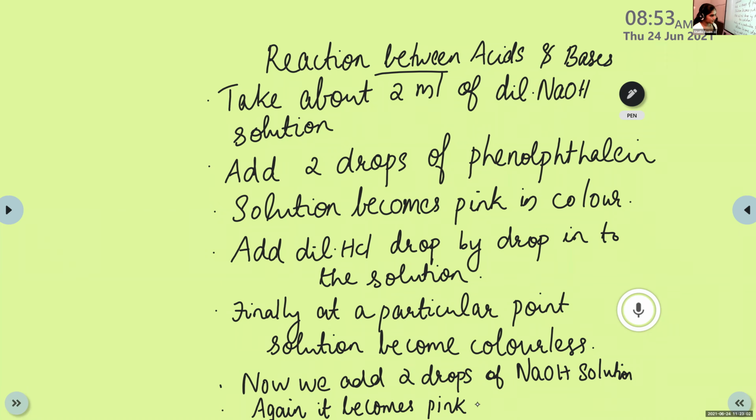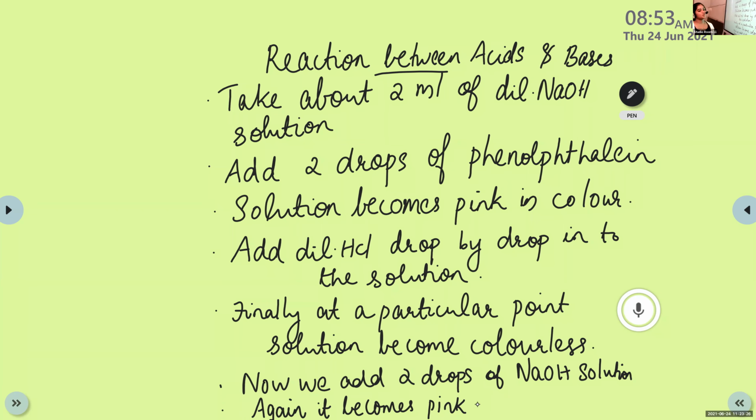Is this clear? Yes, ma'am. Okay, I will repeat it once again. It's a reaction between acids and bases. To study this reaction, we do one activity. We take about 2 milliliter of dilute NaOH solution in a test tube. This dilute NaOH solution is an example for a base.